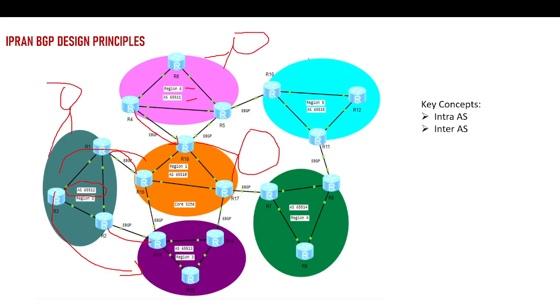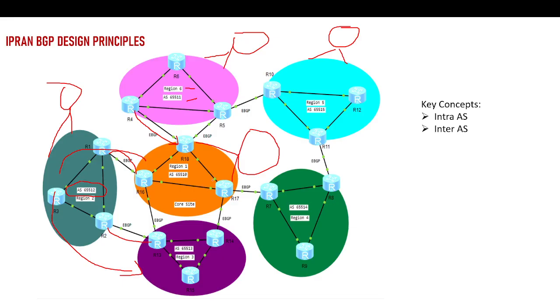This is what I've seen in many networks. You have the IP core distributed across the country, or some regions have an IP core connection and some don't. But even region 1, which we are calling the core site, also has IPRAN presence. So it could have both IPRAN and IP core.